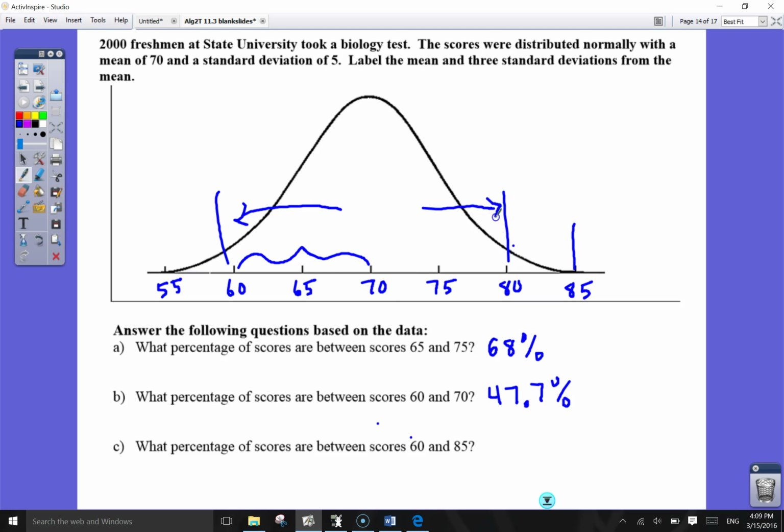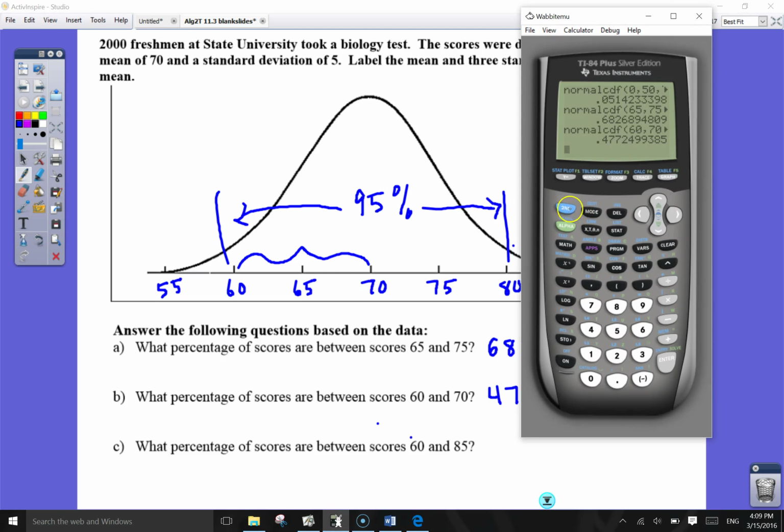Let's just say 95%. And I think they had on this 2.15. Wasn't that right? 2.15%? As I remember. If I'm not sure, just put it in the calculator. Second distribution, 2. So this is 60 to 85.